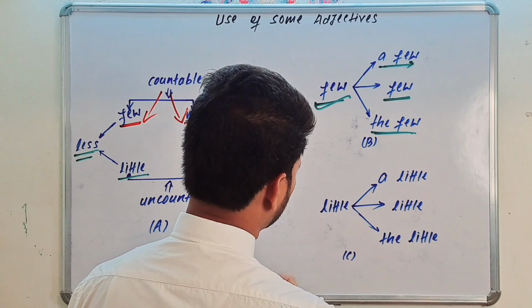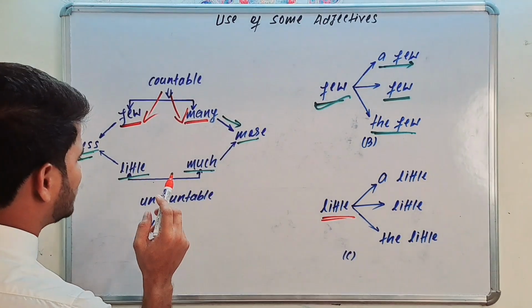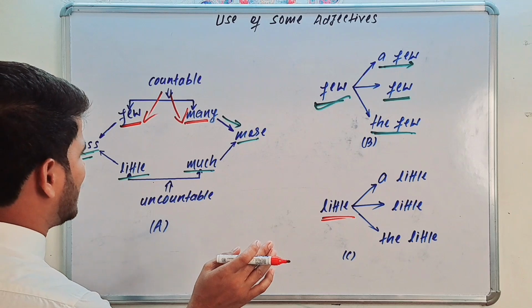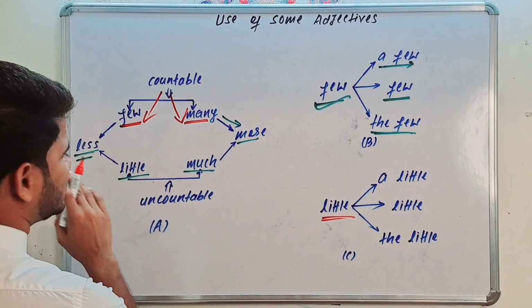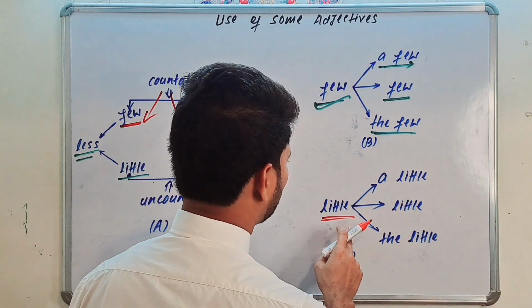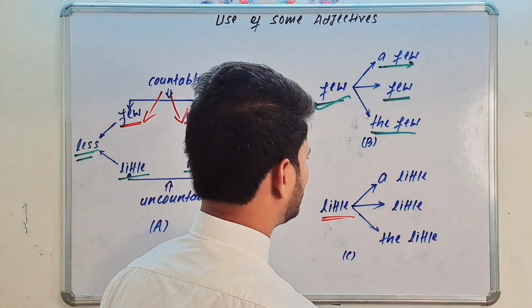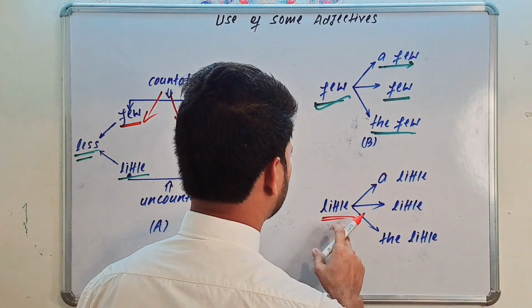And here see the use of little. I told you little is only used with uncountable nouns, like a little knowledge is very dangerous, and little means less. And one more thing here, little is only used with adjectives of quantity. Don't use it for number.